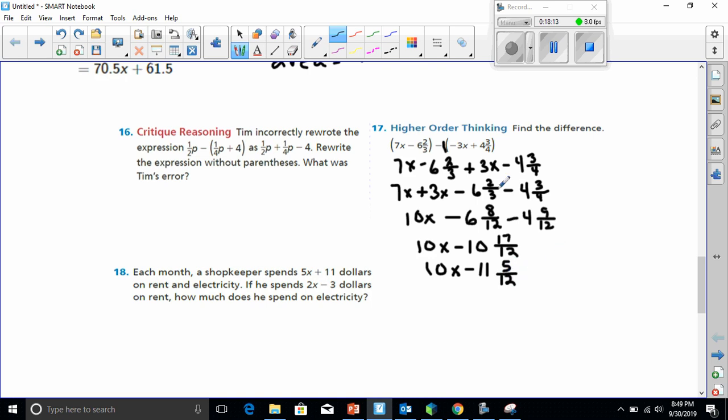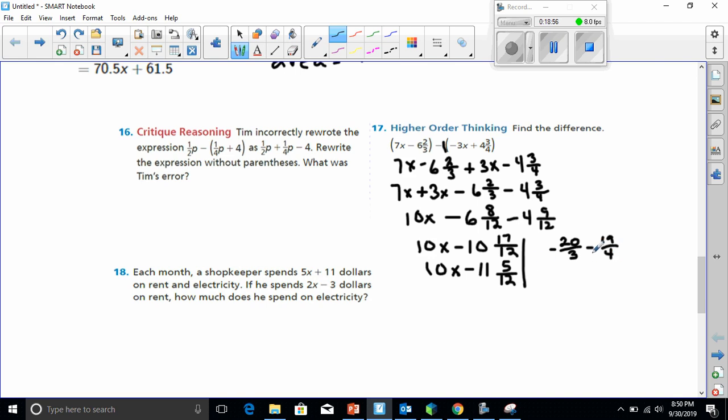Now some of you are thinking, Mr. Mendez, why didn't you turn these into improper fractions first? Let's see what would have happened if I did. We're just going to rewrite it on this side. I would have had to take 3 times 6, that's 18, 19, 20, so that would have been 20 over 3, combined with minus 19 over 4.